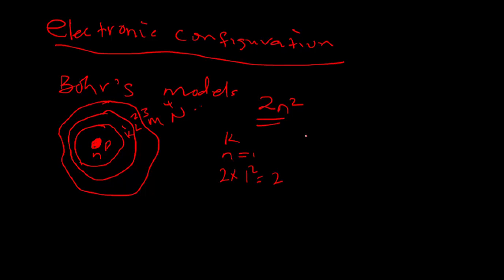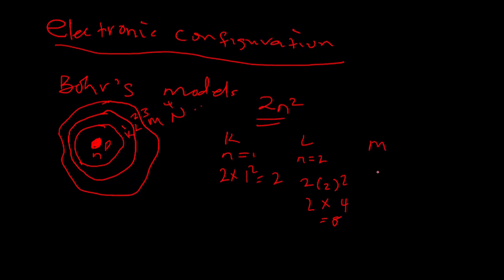Then you go to L, where N is 2. You substitute 2 for N. You have 2 times 4, right? Which is 8. So this L shell take maximum of what? 8 electron.